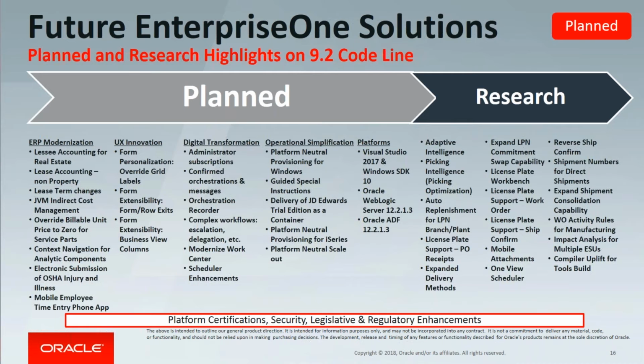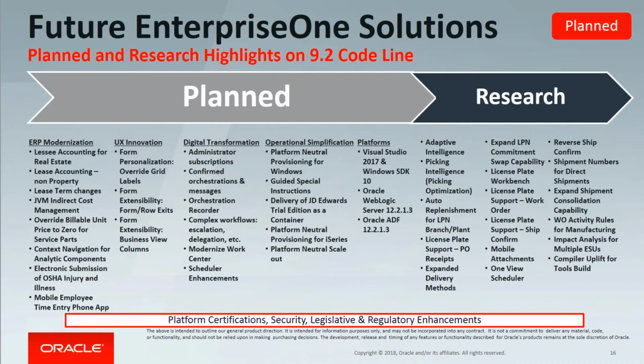There's a 5th column here that wasn't referenced on the prior slide, and that's our platform focus. So we'll continue to deliver new ERP functionality. We'll continue to enhance our UX model. We'll continue to deliver on our digital transformation and operational simplification, including cloud.